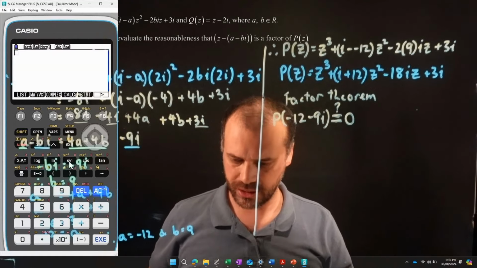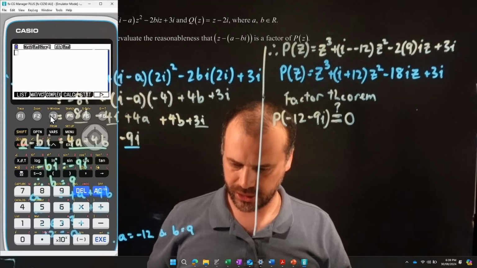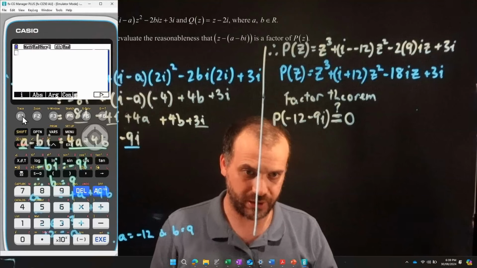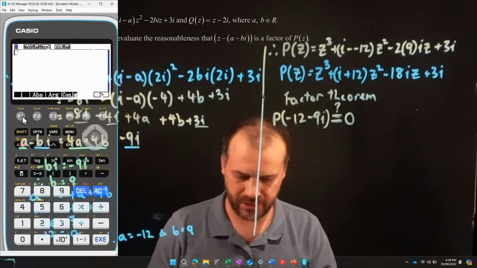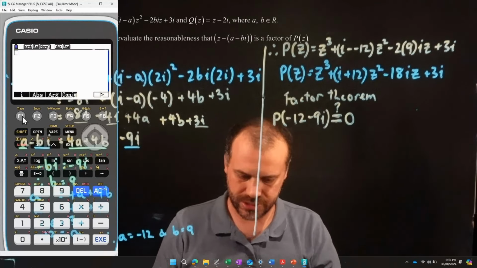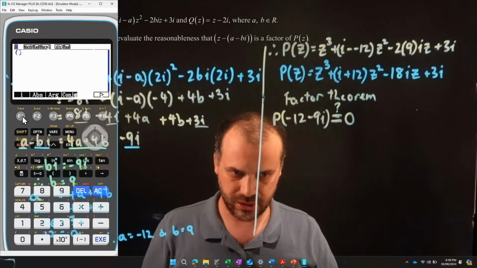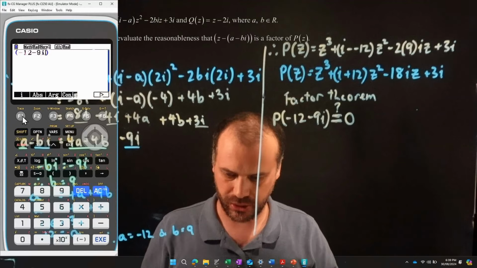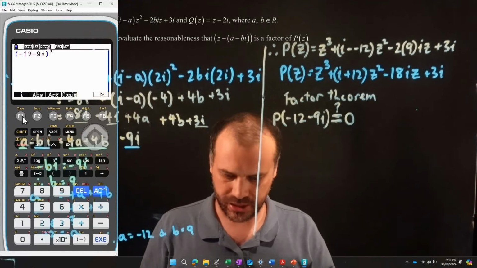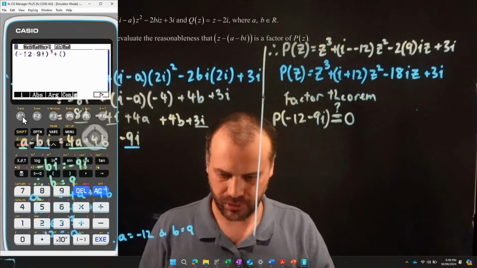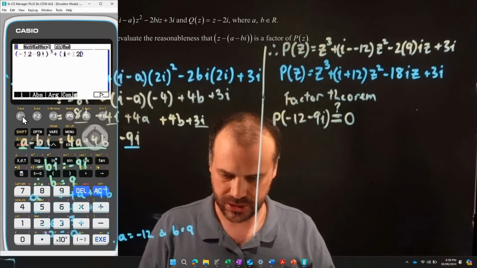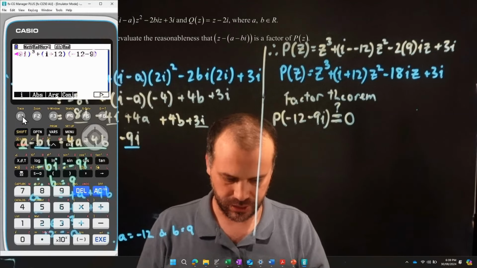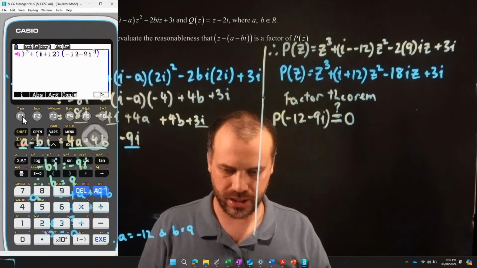If I go into my math mode here and I click complex, I can start entering the i values in there. And that's really all I need to do to be able to do this. So p(z) is equal to z cubed. So z is negative 12 minus 9i, and I'm cubing that. And then I'm entering bracket i plus 12, and I'm multiplying that by the same thing, 9i squared.